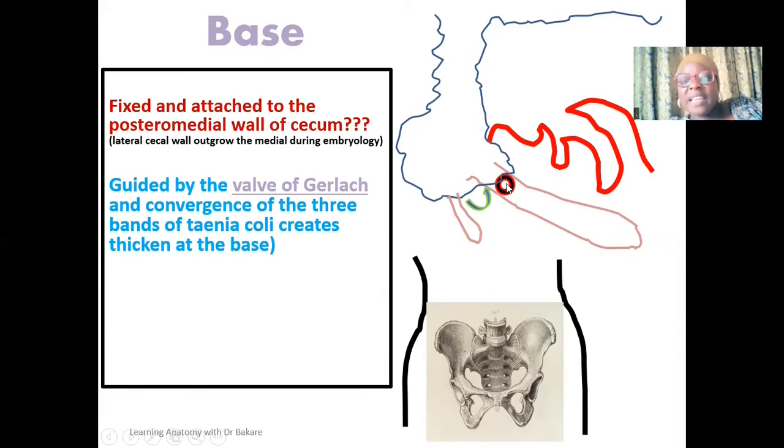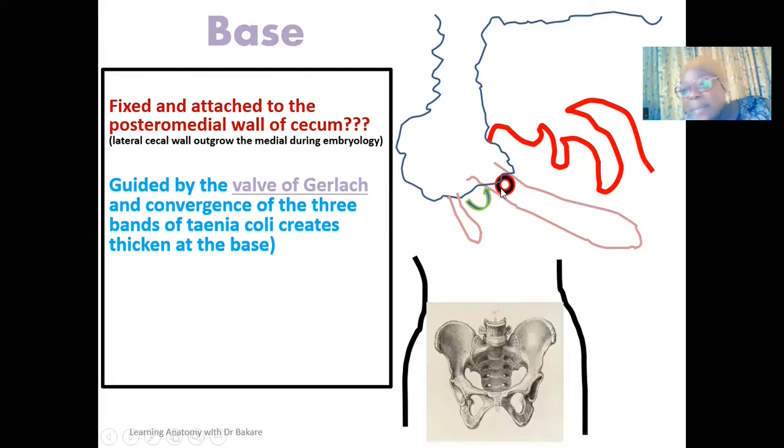This valve of Gerlach is seen as irregular folds of mucosal membrane lining the interior wall of the appendix. So it does not have a structural configuration of a valve, so it is used to guide the appendix at this region. And also to add that we have the convergence of the taenia coli at the base of the appendix. So at the base of the appendix is where we have the convergence of the taenia coli.